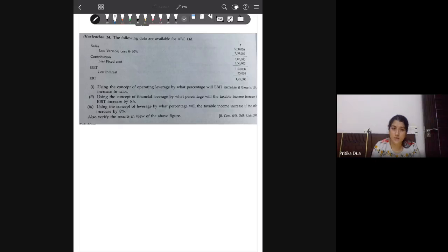Okay, so I'll solve for the first part and then you can accordingly solve for financial leverage, and the last is the combined leverage because it is giving you the relation between sales and taxable income. Okay, so let's start solving with operating leverage and then we can move ahead.